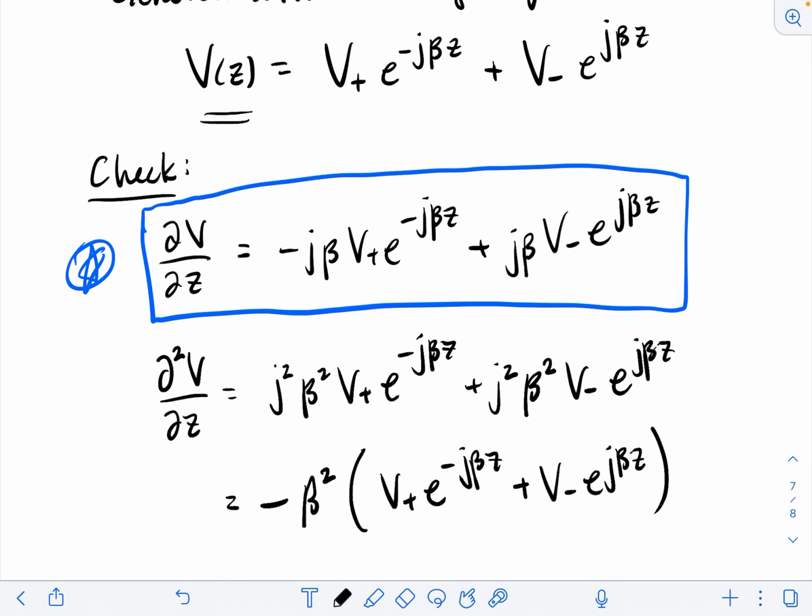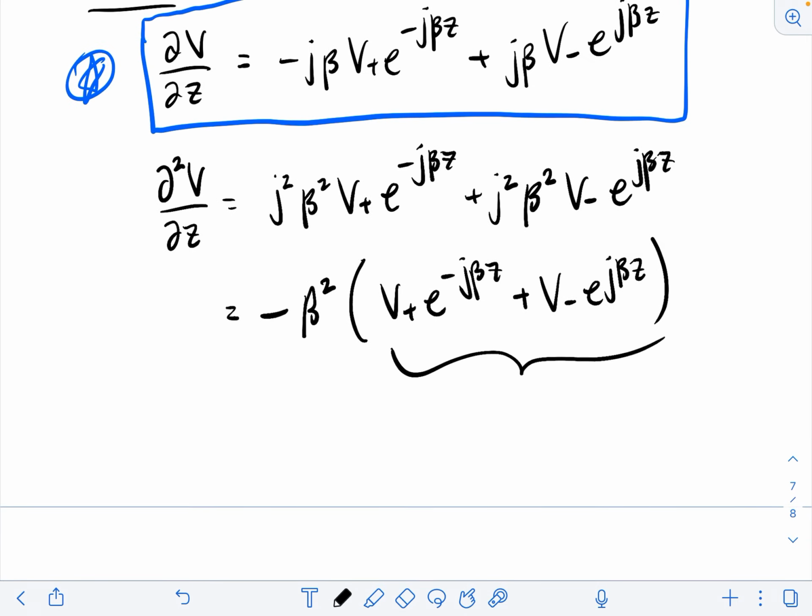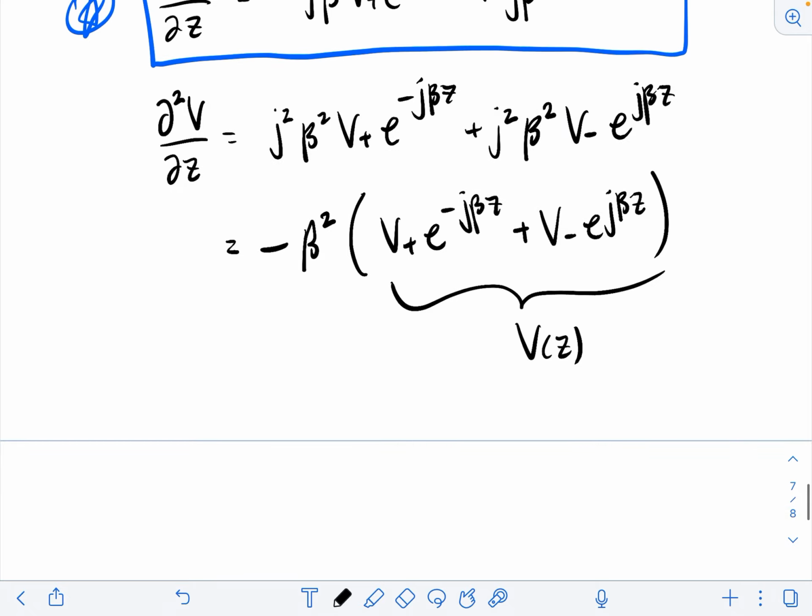So this is the voltage amplitude, and lo and behold, two derivatives of V with respect to z is equal to minus a constant times the voltage back again. And so that's our wave equation.